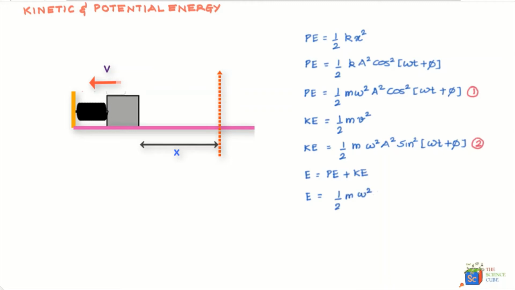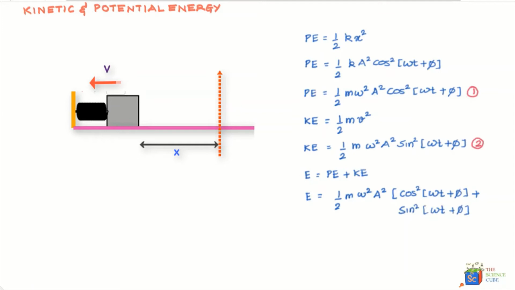Now we put equation 1 and 2 in this. We have energy equal to half m omega square a square, and this is common in both terms, so we write half m omega square a square bracket cos square (omega t plus phi) plus sine square (omega t plus phi).